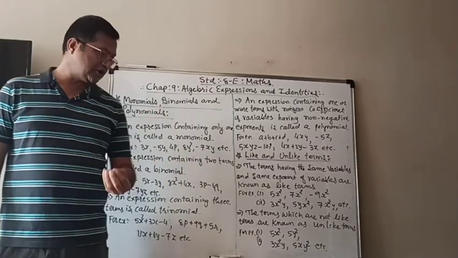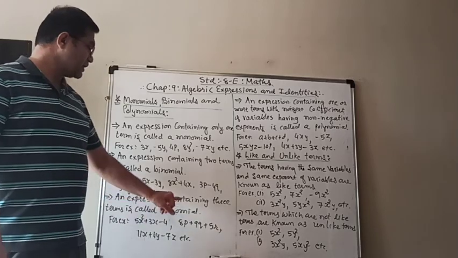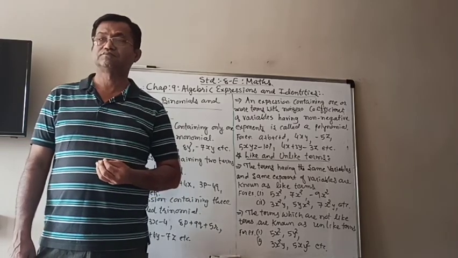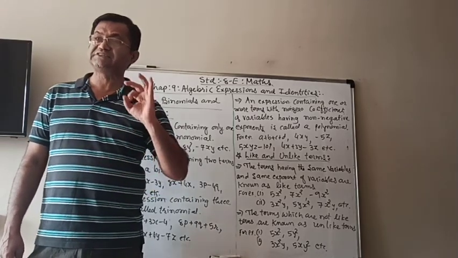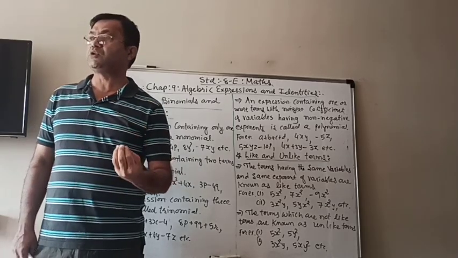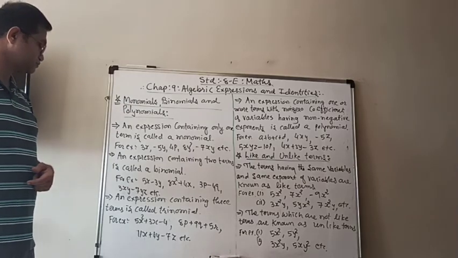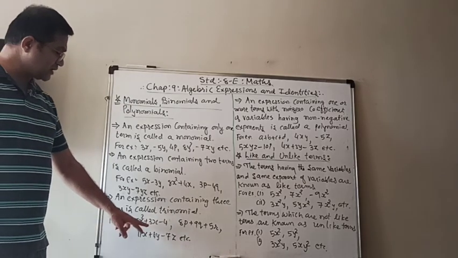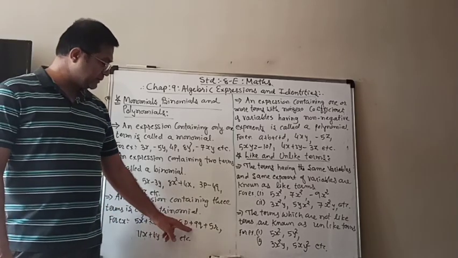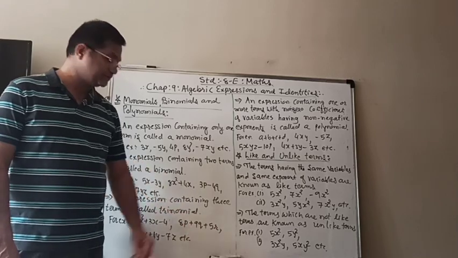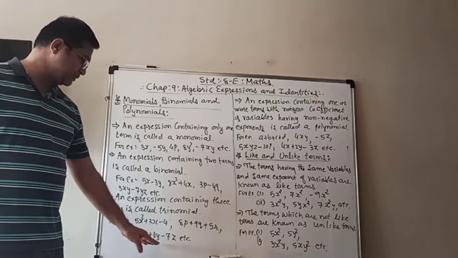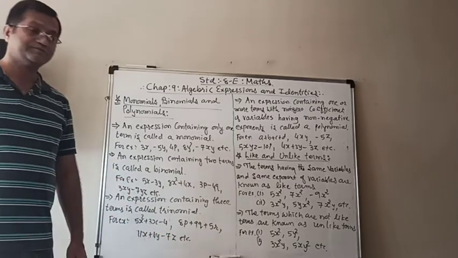Similarly, an expression containing three terms is called a trinomial. So when there are three terms in an expression, that expression is known as a trinomial. For example, look here, 5x square plus 3x minus 4, 1, 2 and 3 terms. 8p plus 9q plus 5r also has 3 terms. 11x plus 4y minus 7z.